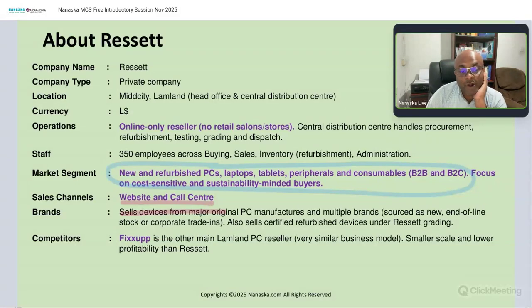We sell devices from major original PC manufacturers and multiple brands, sourced as new, end-of-line stocks or corporate trading. What is end-of-line stock? Sometimes manufacturers will sell the last stocks to us. As an example, there is one brand of laptop, version number 2.1.